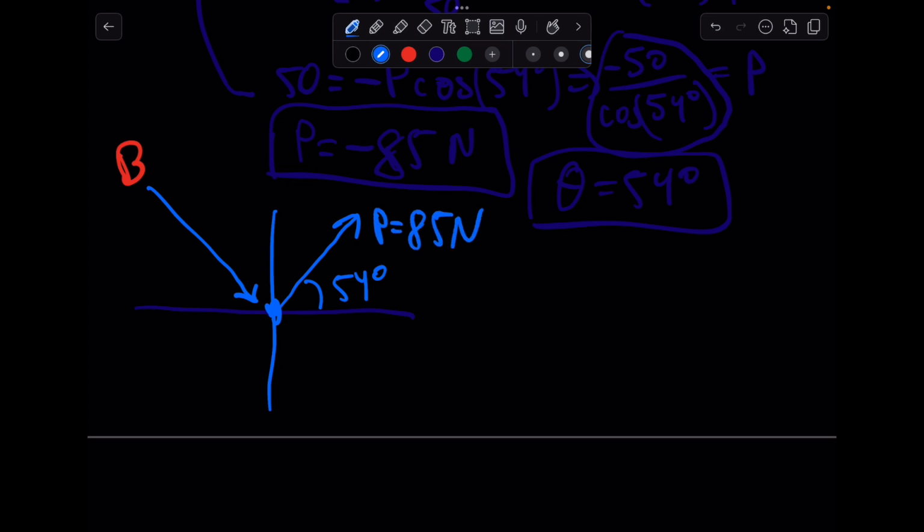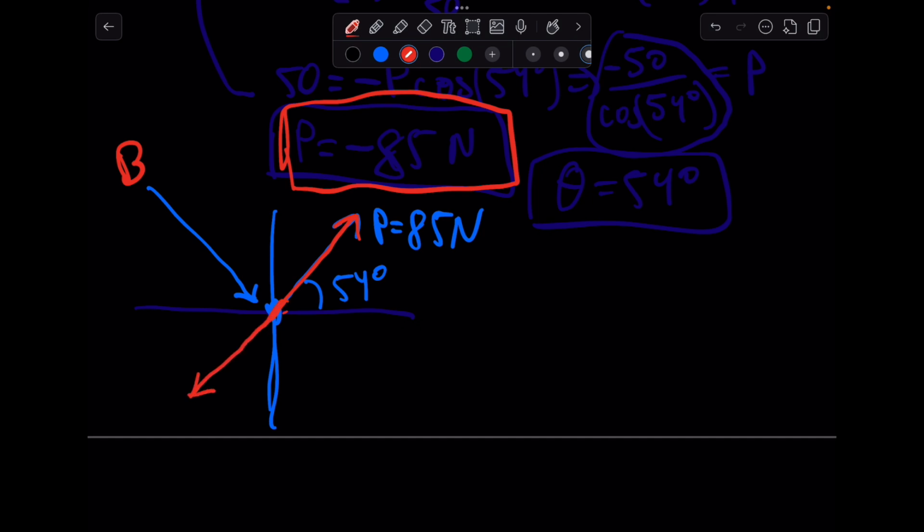But I want you guys to understand, look at our answer. See what our answer gave us? Our answer was P equal to negative 85. So what does that mean? It means that this is not acting this way. No. This would be P equals 85, but P equals negative 85. It's the opposite of this. So this, in reality, is our answer. 85 here.